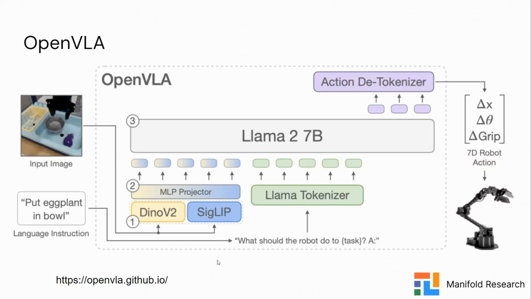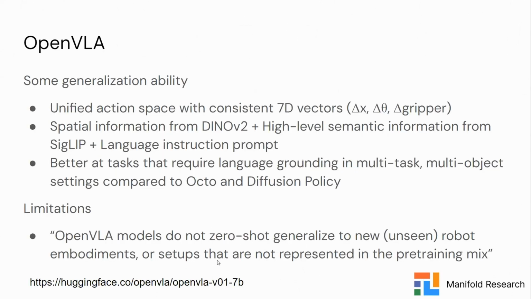Next slide, please. Because of the DINOv2 and SigLIP backbones, it's able to capture spatial, semantic, and also language information, which gives OpenVLA some generalization ability. During the authors' experiments and evaluation, they found that OpenVLA performs better on multitask, multi-object tasks that require language grounding, and they compared that performance with Octo and diffusion policy.